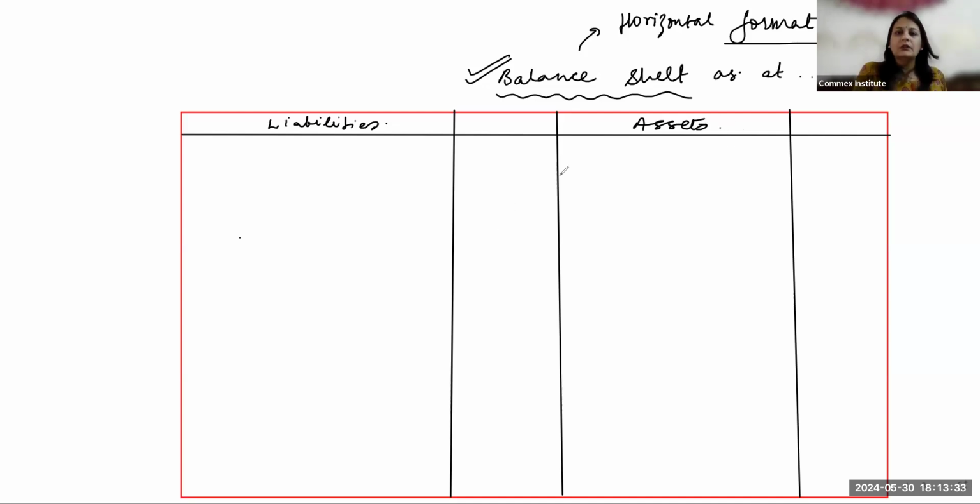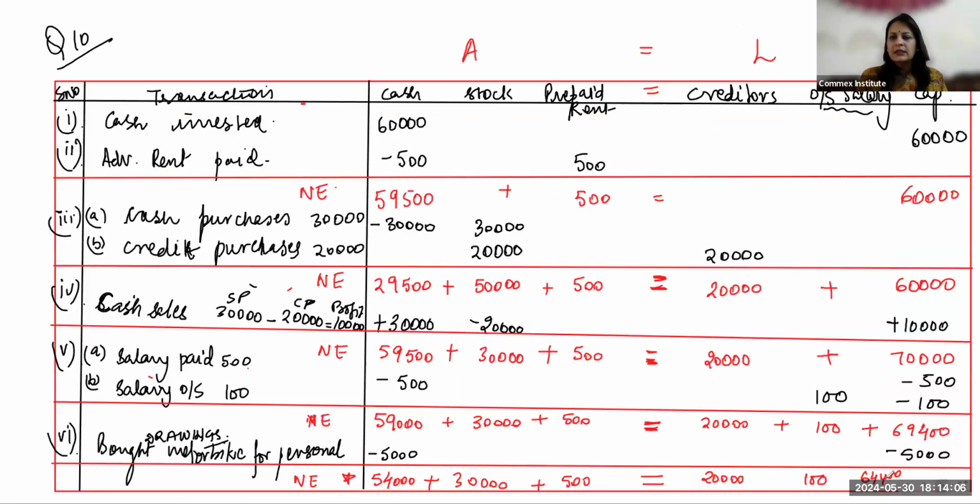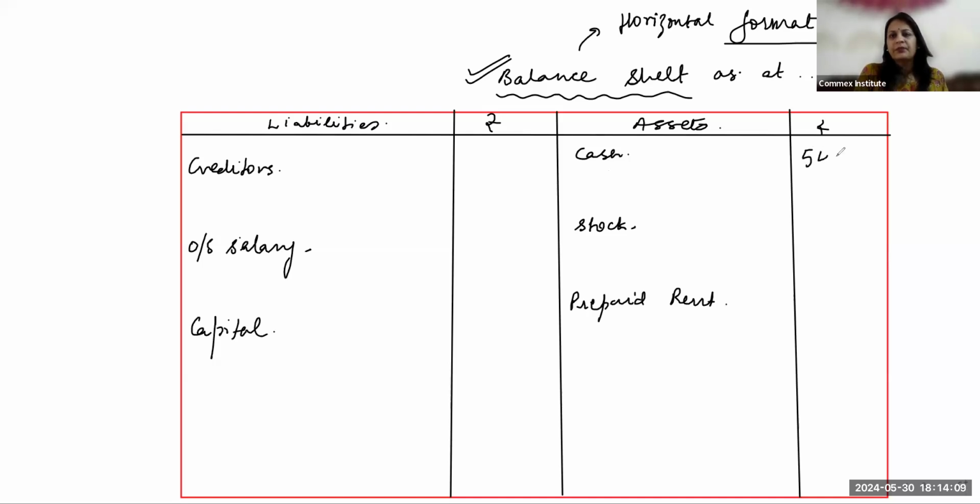Okay. Now, on the asset side, just keep on putting your assets. So we had the cash, we had the stock, and we had the prepaid rent. And on the liability side, we had the creditors and the outstanding salary and the capital. So my cash in the final was 54,000.